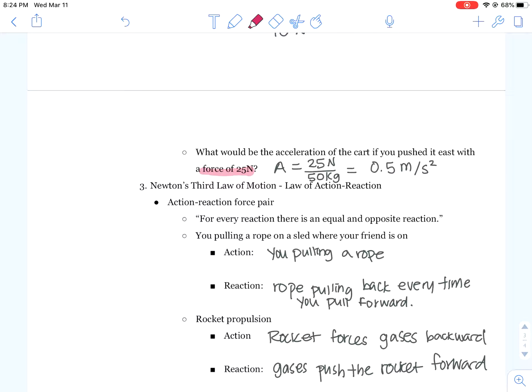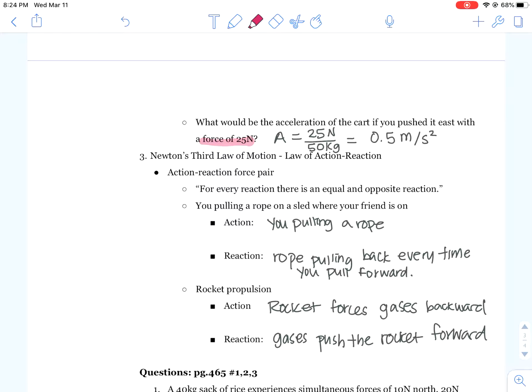Oftentimes we only think about the pulling action and say, okay, that's a force, and that's it. However, we have the reaction, which is the rope pulling back every time you pull forward. You may not really feel the resistance as much, but it's because you have the equal amount of force that you exert.